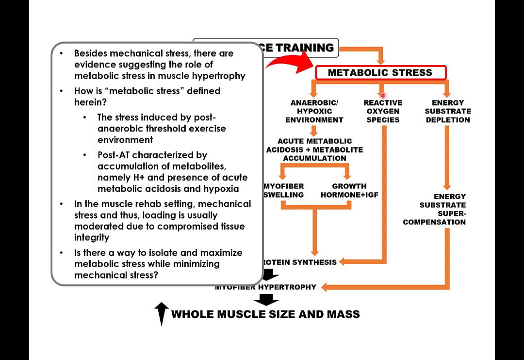Now, the metabolic stress here is similar to what I described earlier when discussing conditioning. It is the stress associated with the anaerobic threshold and is largely characterized by a hypoxic environment within the muscle cell. Now, I didn't mention this earlier, however, this hypoxic stress is linked to acute muscle cell acidosis, which is caused by an accumulation of free protons, which are positively charged hydrogens.